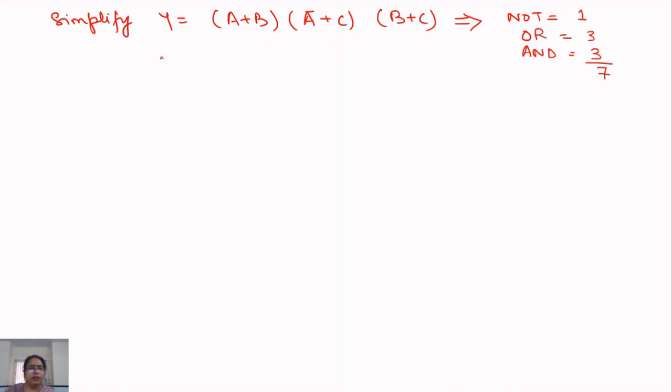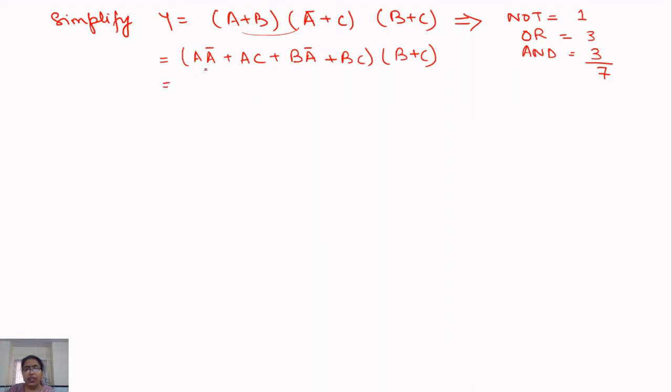Now let us simplify. For simplification, open the brackets: a into a bar, let us write it as a into a bar plus ac plus a bar b, plus bc into b plus c, right?